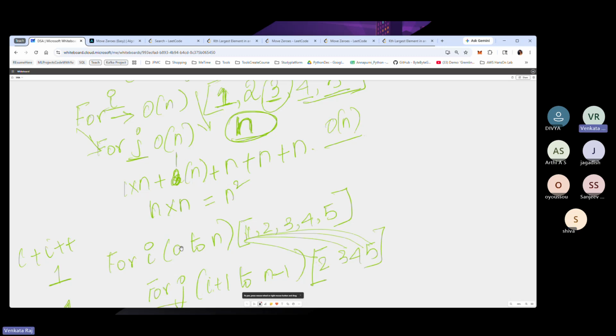And then for the second element, you will be running 3 times. For the third element, you will be running 2 times. For the fourth element, how many times will you be running? 1 time. And the fifth element you will not be running. When you add everything, 10.